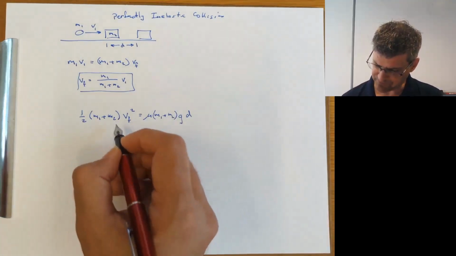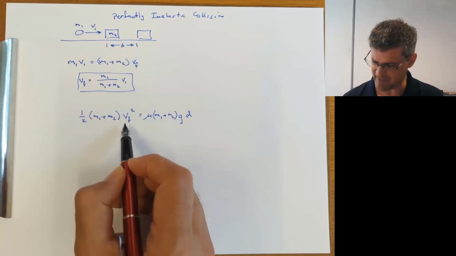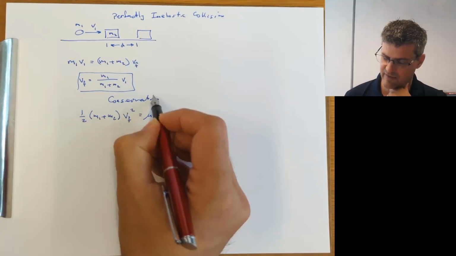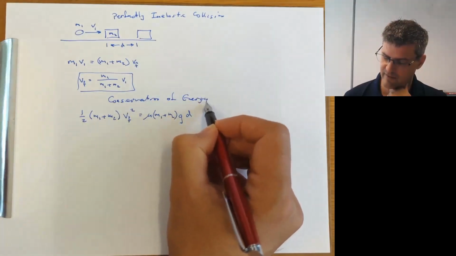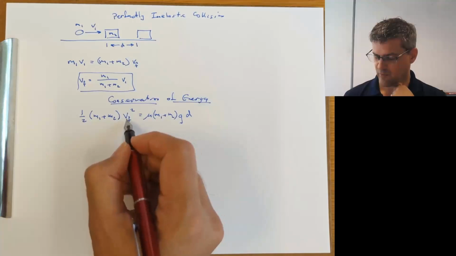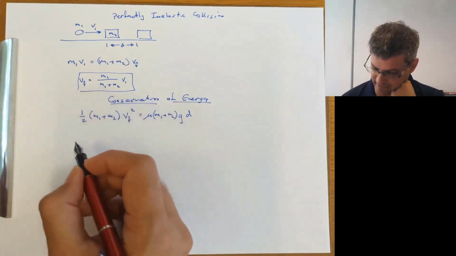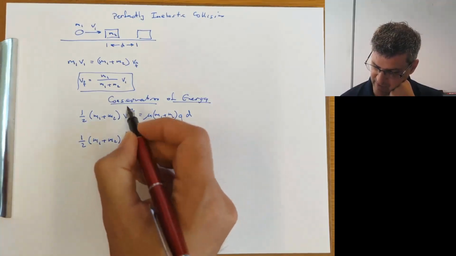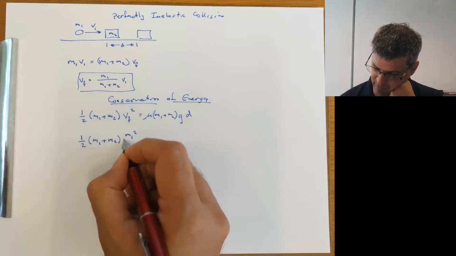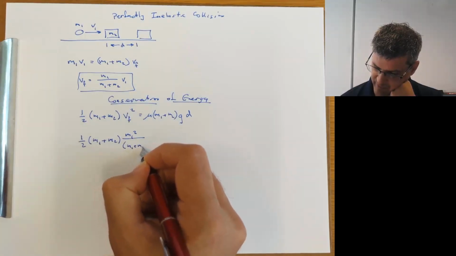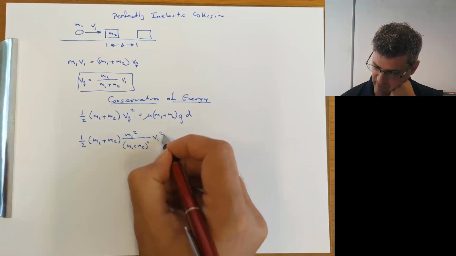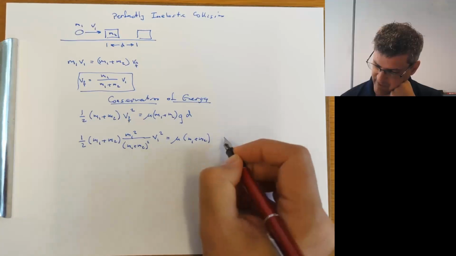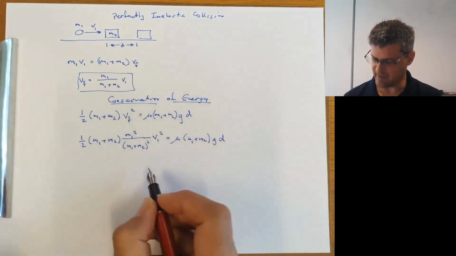And before we get there, let's do a little bit of solving of things first, because inside this expression for conservation of energy, we have this v final, something that we've already calculated. So we see that 1/2 (m1 plus m2) v final squared, which is m1 squared over (m1 plus m2) squared times v1 squared, is equal to mu (m1 plus m2) g d.